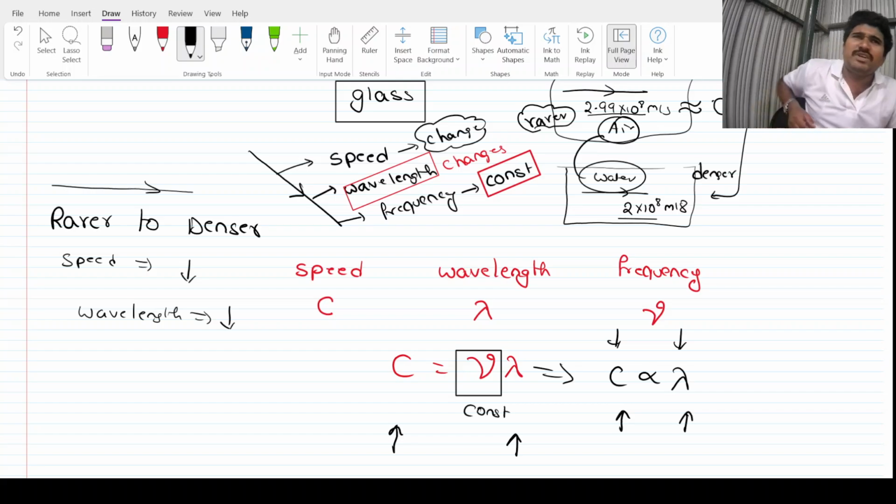You said right? If the speed decreases, the wavelength also decreases.